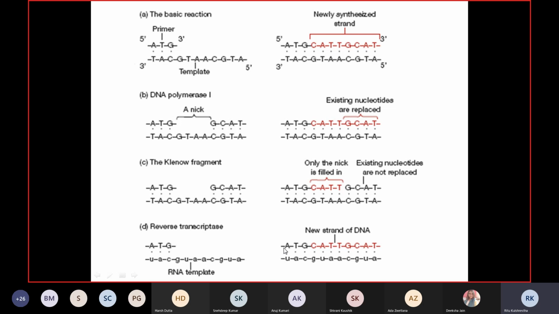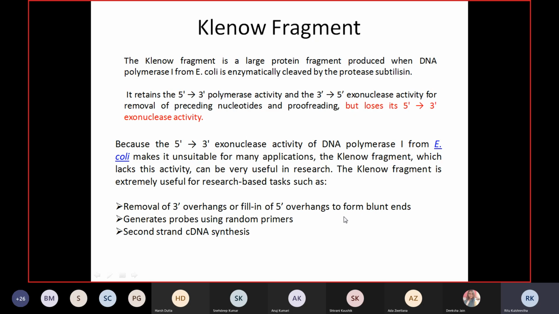It is used for that purpose also, and as you learn various techniques, such as how you make probes, you will understand that the same can be used in generating probes using random primers, or for second strand cDNA synthesis, etc.